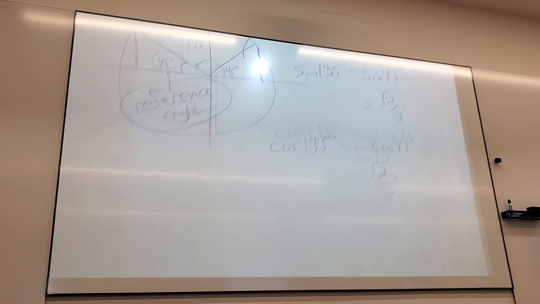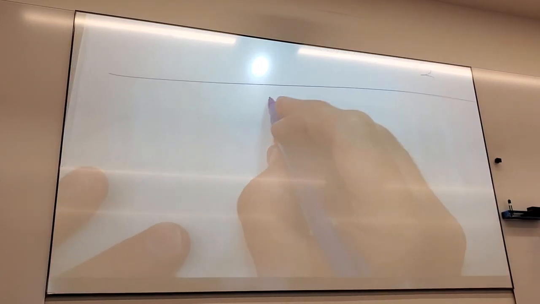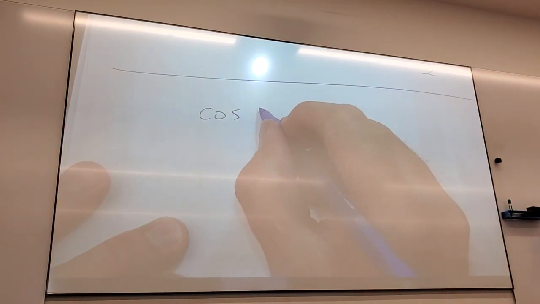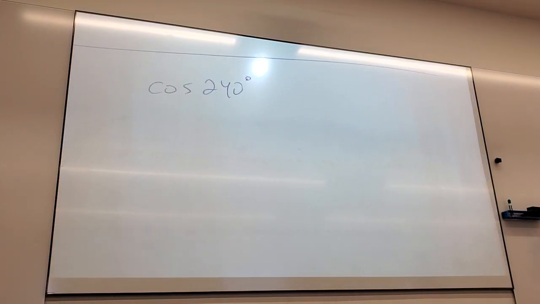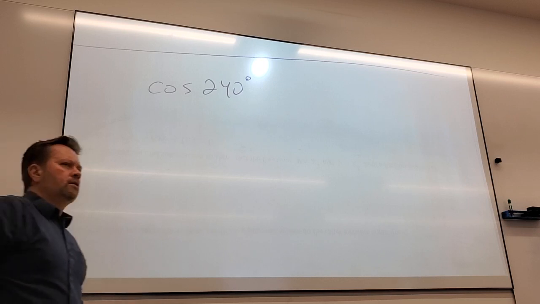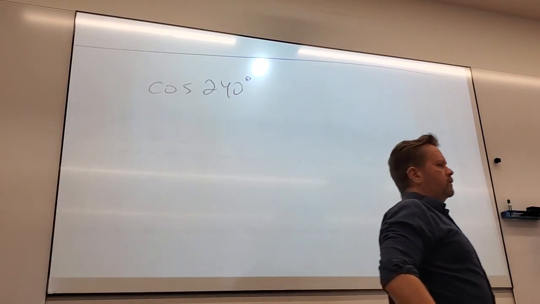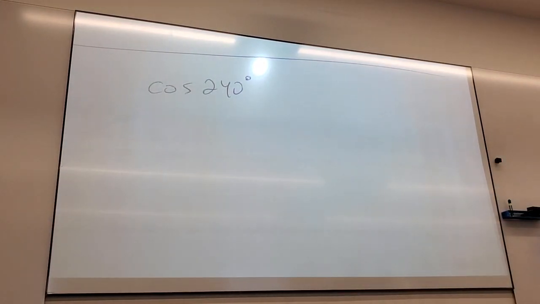Let's do another one. What if I needed to know the cosine of 240 degrees? Can you guys take a moment, try to figure out, don't say anything, where 240 degrees would be. Quadrant 3.